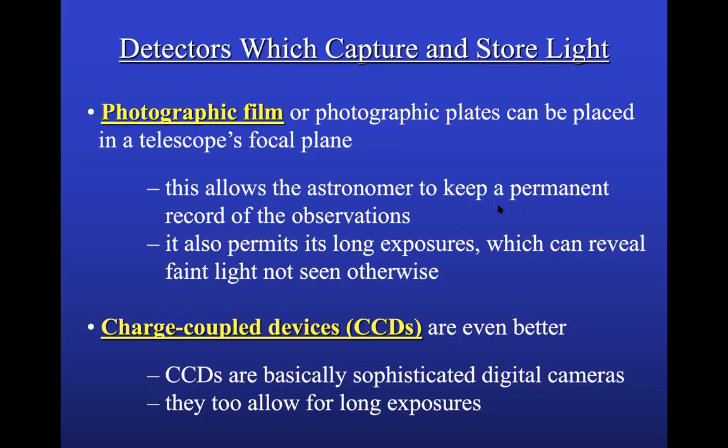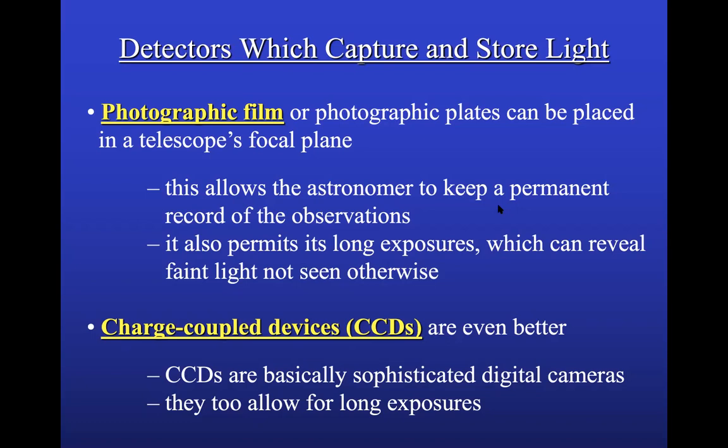But then, in the last 20 to 30 years, the technology called digital photography has developed, and astronomers now use CCD cameras. We also call them charge-coupled devices, so that's the long name of CCD. They are even better because they are very sensitive, they have less noise, and they are sensitive to a large range of wavelengths.